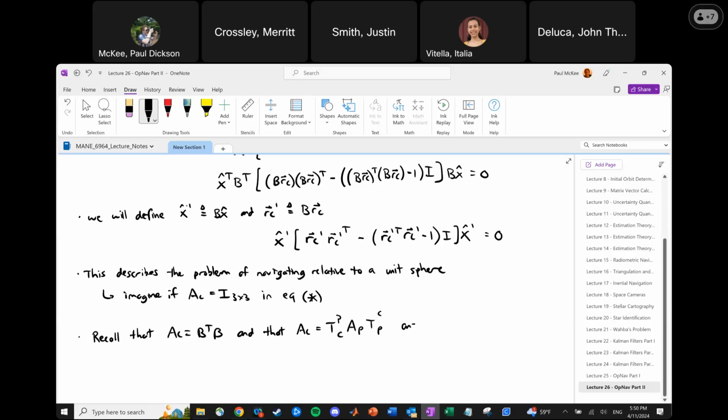And we also remember from last lecture that the planet shape matrix in its own principal reference frame is 1 over A squared, 1 over B squared, 1 over C squared, and that's a diagonal matrix. Okay. So we can leverage that actually.